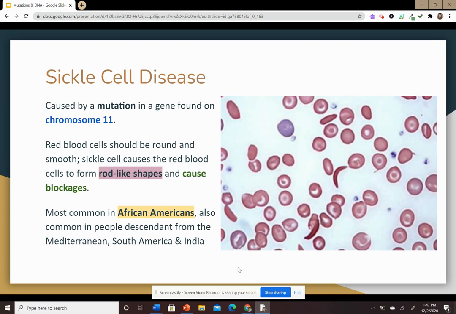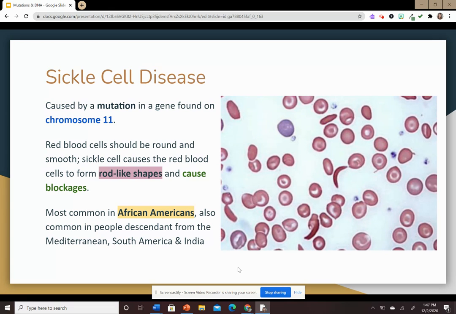And these mosquitoes carry a disease called malaria, right? Most of you have probably heard of it. And so what happened is a long time ago, somebody had a mutation for sickle cell, right? If you have one sickle cell gene, you actually are protected from malaria.